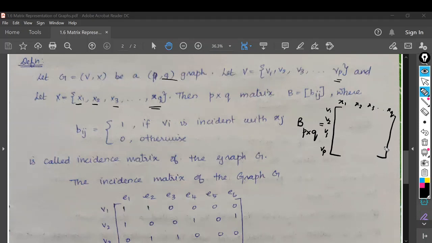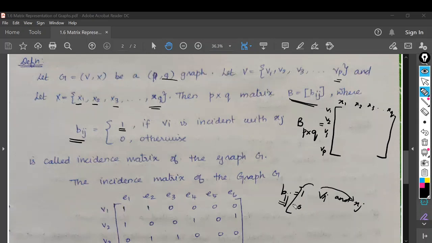Now how are we going to define the entries of the matrix? That is what is important. The matrix B is Bij, where the entry Bij equals 1 if the vertex Vi and the edge Xj are incident with each other, and it will be equal to 0 otherwise.